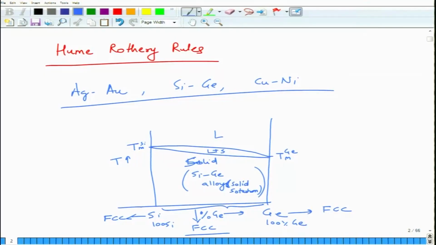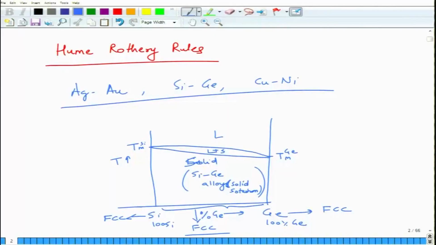It is just that some of the silicons are being replaced by germanium. If you move from the germanium side, some of the germanium atoms are replaced by silicon. Even at 50-50, each site has a probability of being 50% germanium or 50% silicon. So this is a disordered solid solution which shows extended solid solubility.